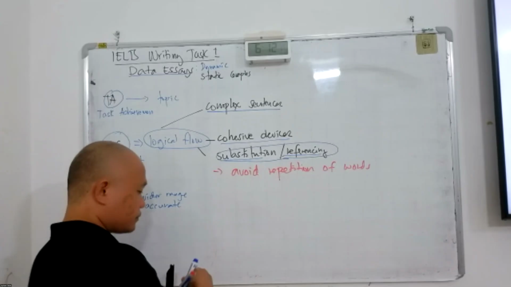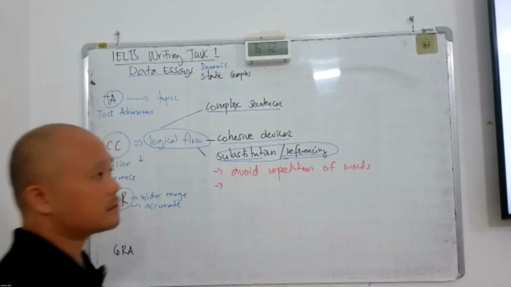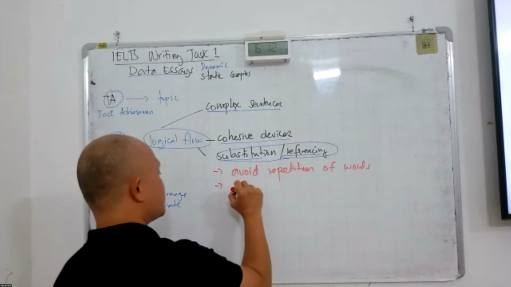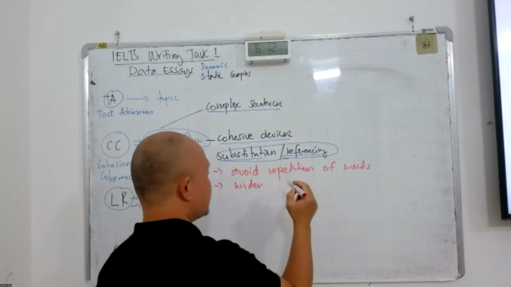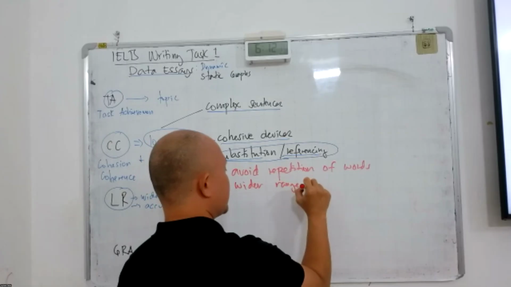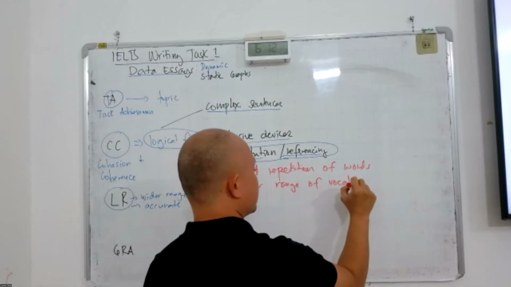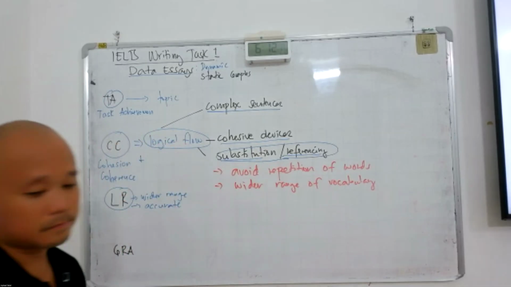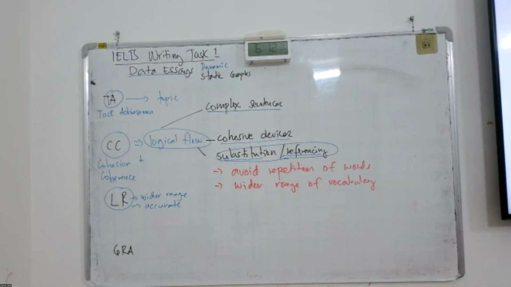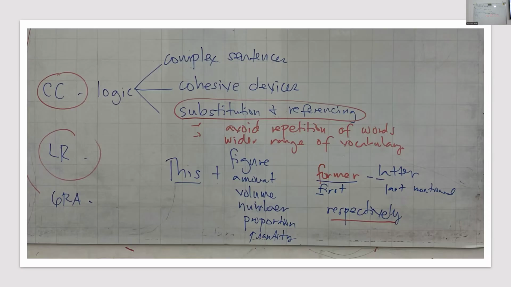And number two, to use a wider range of vocabulary. Okay. So that's the second key reason why one has to use substitution and referencing. So let us take a look at these three key points one by one.